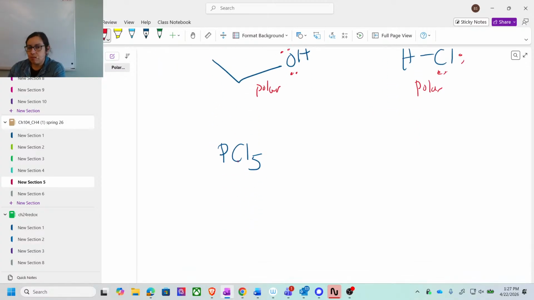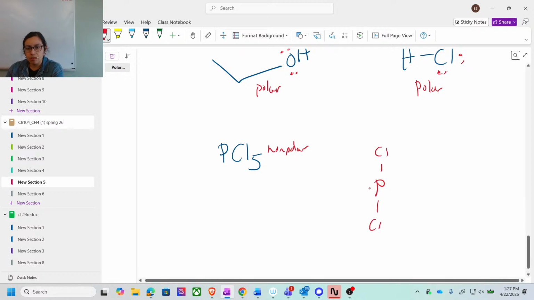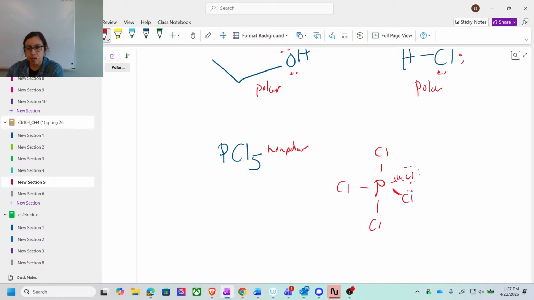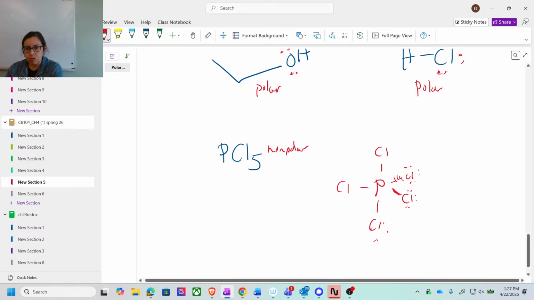What about PCl5 here? Excellent. Nonpolar. Maybe we had to sketch this out to appreciate that all the chlorines cancel out there. So even though the individual bond is polar, overall it is nonpolar.